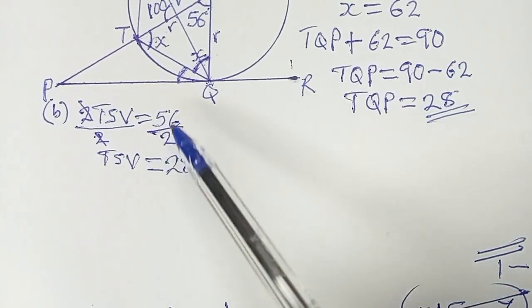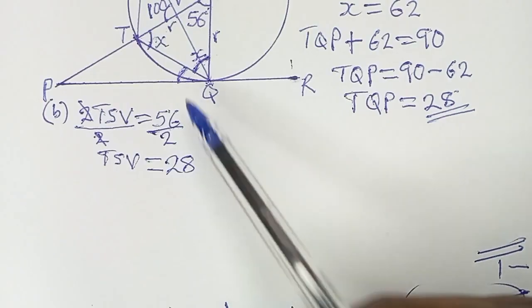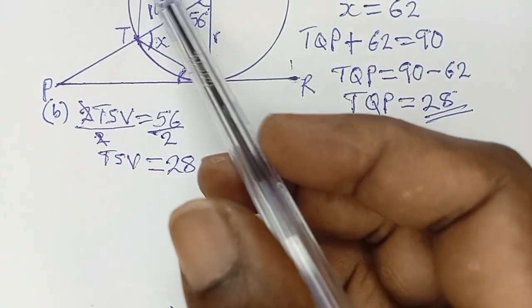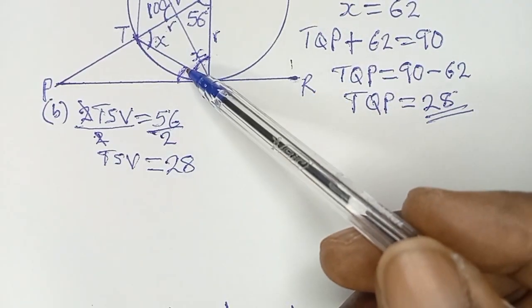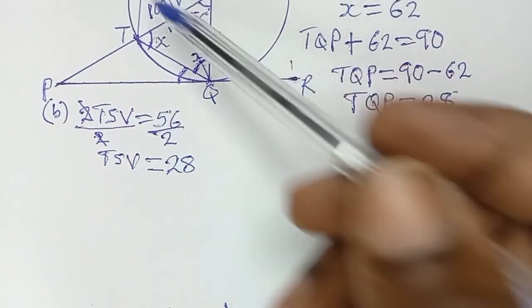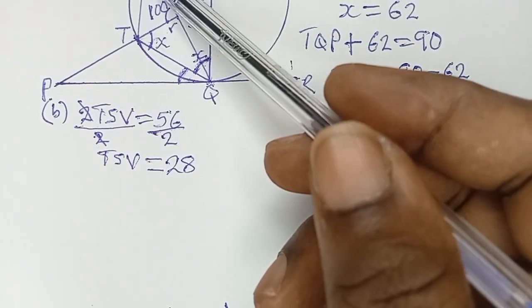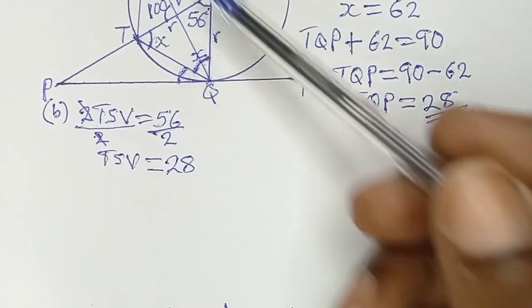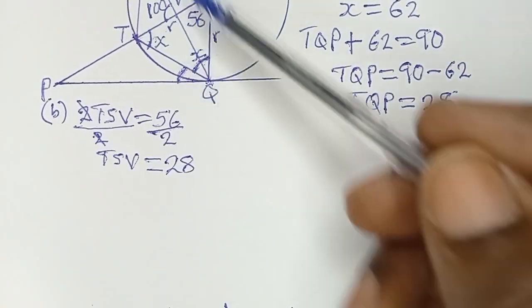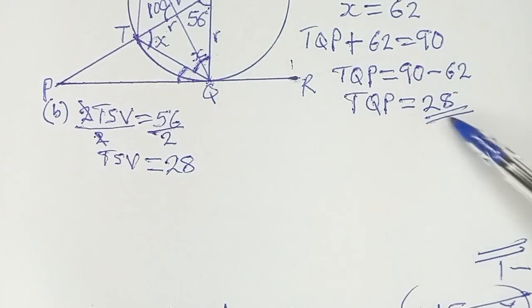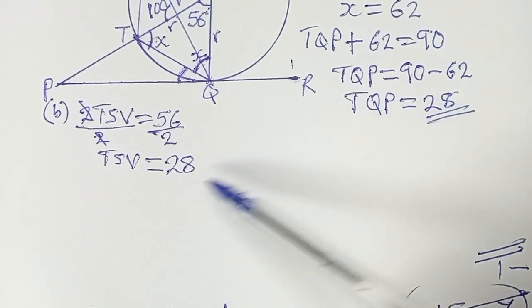So this angle here is equal to 28, which is also an angle in alternate segments. You can see now that this 28 is also equal to this angle because they are angles in alternate segments, 28, 28.